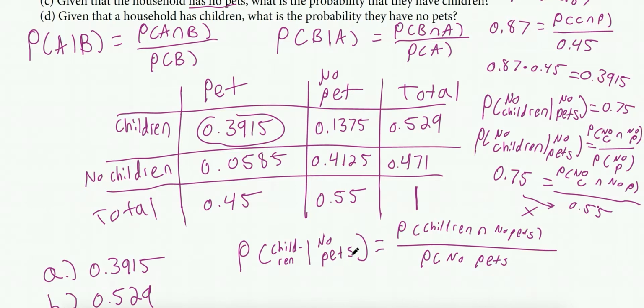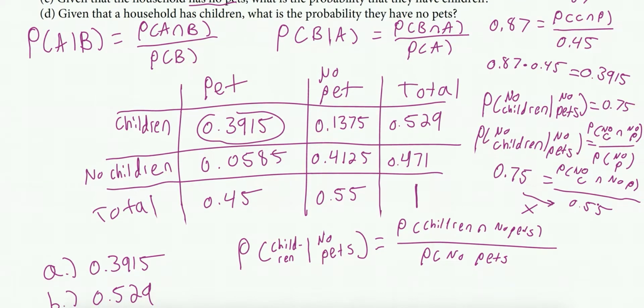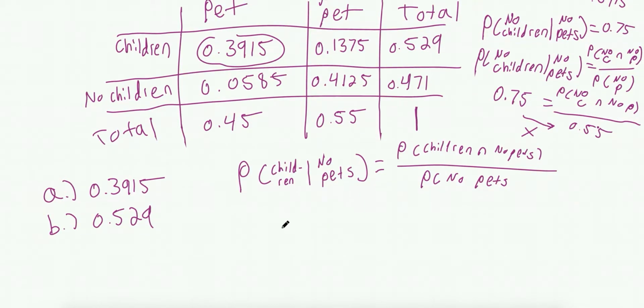So what's the probability of having children and no pets? We come over here, children and no pets, that's 0.1375.